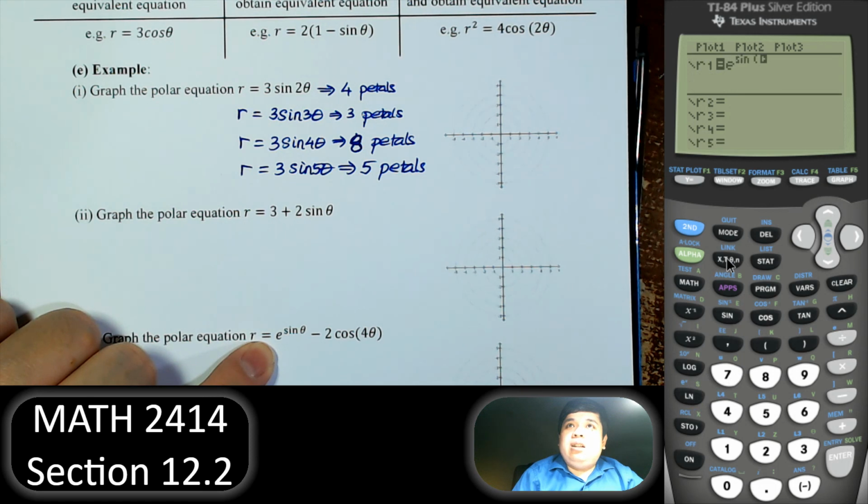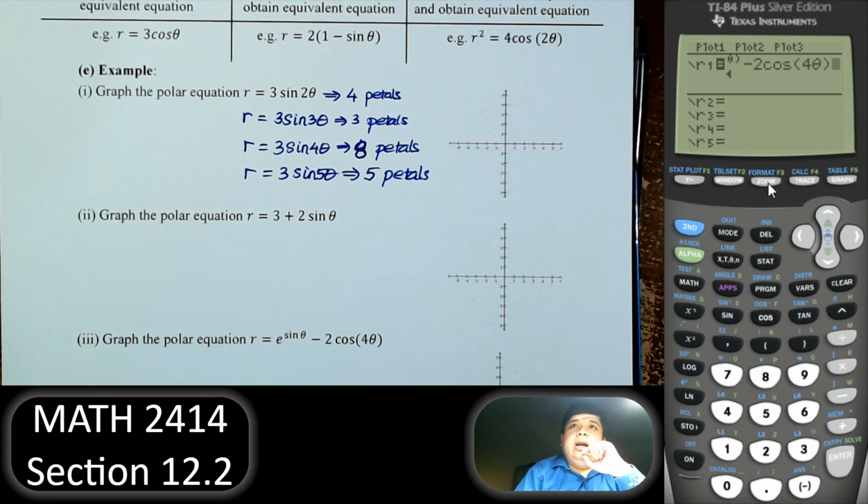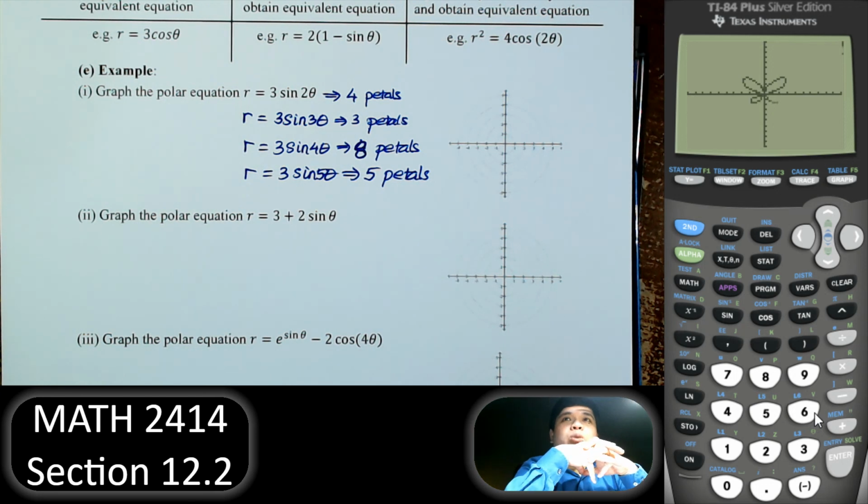Sine theta minus 2 cosine of 4 theta. And let's go to the standard windows. Right, so what we have is kind of like a butterfly, upside down butterfly.